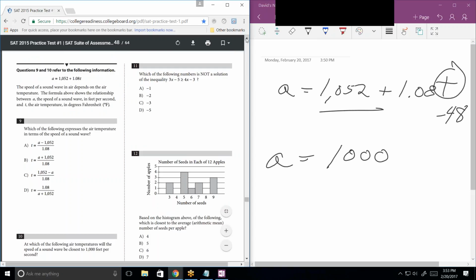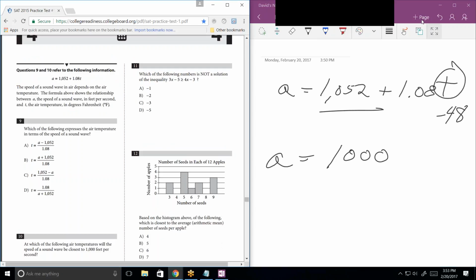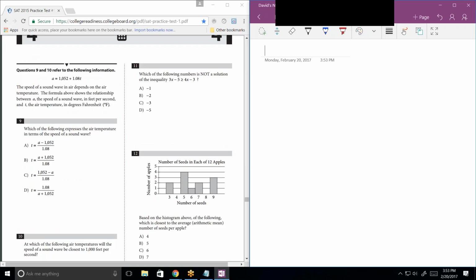About number 11. Now, to be able to answer number 11, I think the easiest way is just to solve that. Go ahead and solve that.